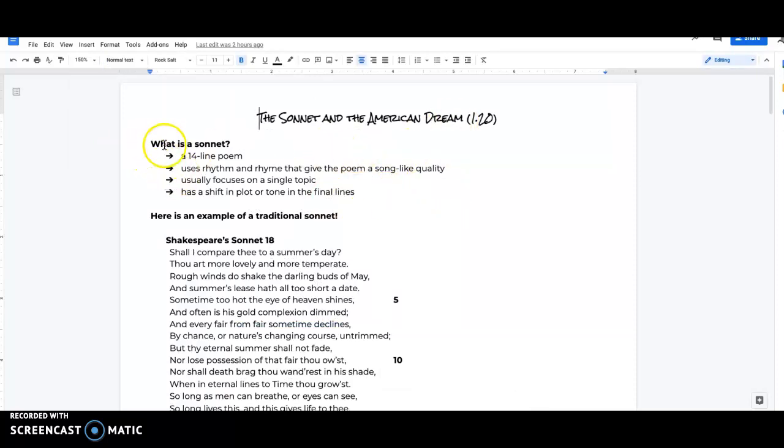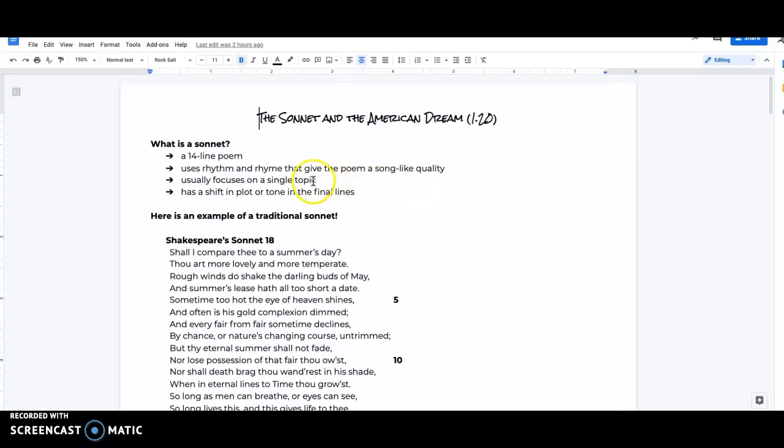The first thing that we went over is what exactly a sonnet is. A sonnet is a 14-line poem. It is a poem that uses rhythm and rhyme to give it a song-like quality. Some of the poems we've been reading lately have not had rhythm and rhyme. They've been free verse. The sonnet is a much more restricted form, so it has rhythm and it has rhyme.